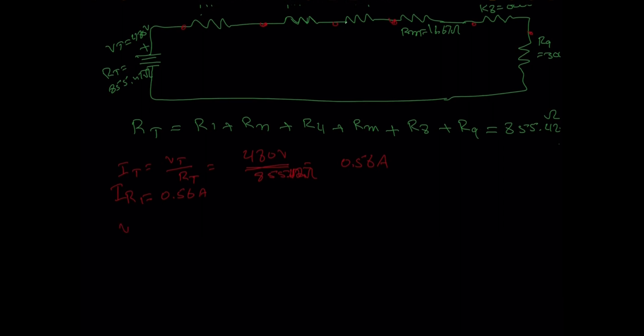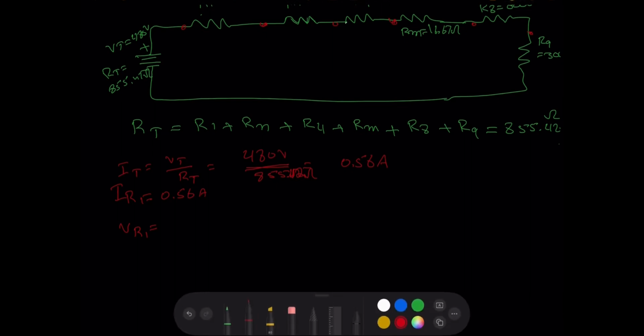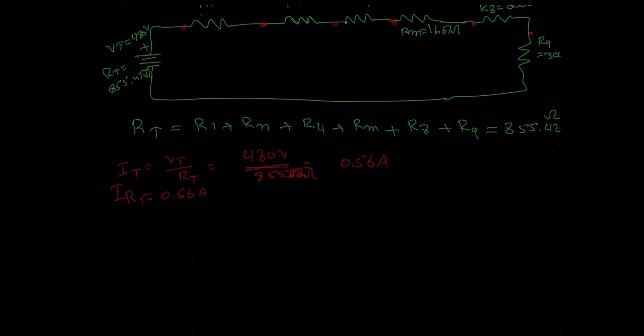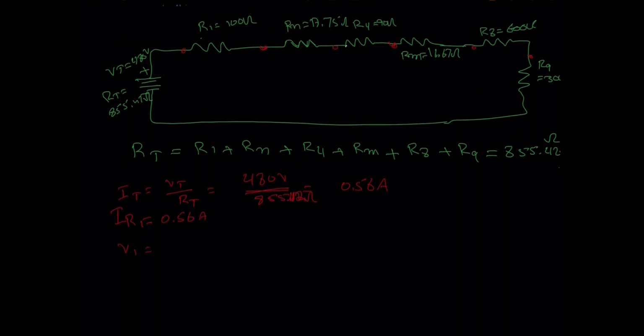Let's find VR1, or we can say, let's not confuse it, we call it V1. V1 will be equal to I1 times R1. I1 is 0.56 times R1 is 100, and that will give me 56 volts.